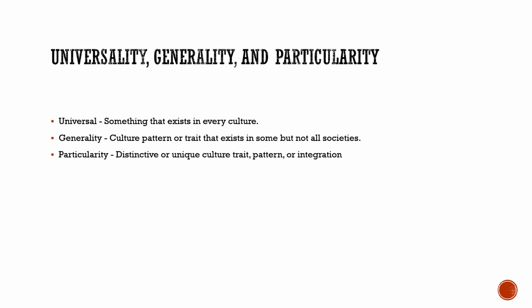Like we all have to eat. Education has become almost a universal need as well. Generality is a cultural pattern or trait that exists in some but not all societies. And particularity is a distinctive or unique cultural trait, pattern, or integration.